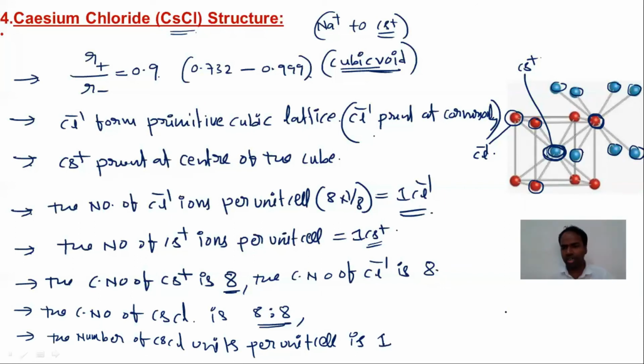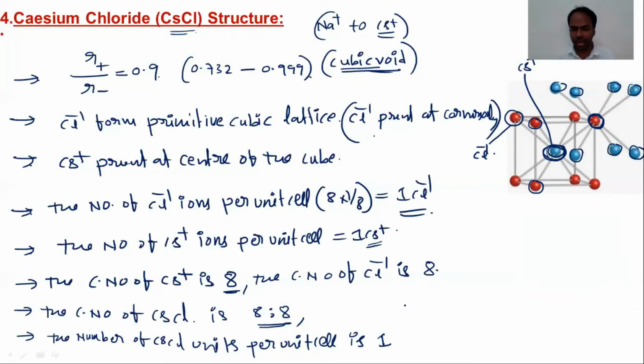The last point here: what is the distance between cation and anion? So r Cs plus plus r Cl minus. When you add the radius of cation and radius of anion, that is the distance between cation and anion. If we take the body diagonal, two Cl minus ions and one Cs plus, or three spheres, are present along the body diagonal.